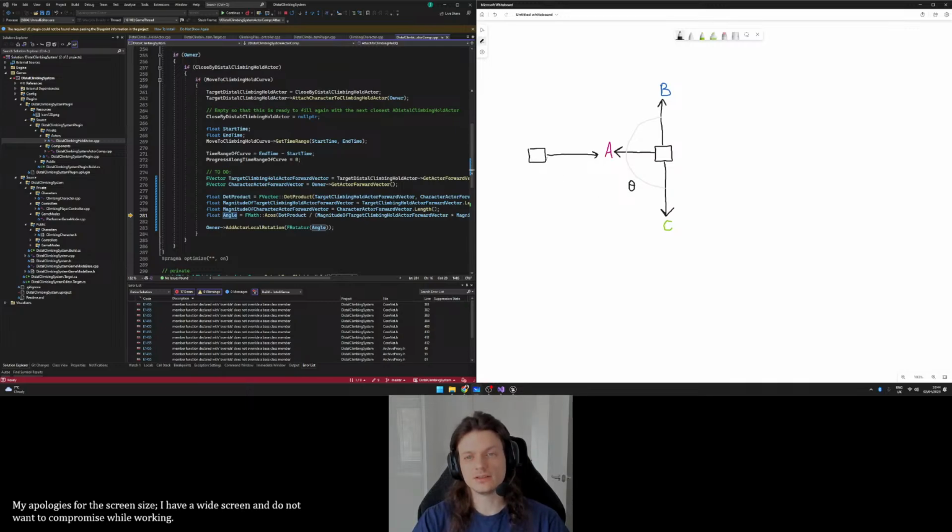And then what that means is that I need to compare this to, so I need to know what the angle of this thing is, right? So let's go figure out what the angle of this one is. Let's call that theta h for climbing hold.